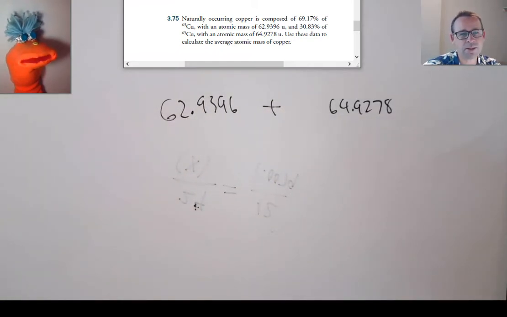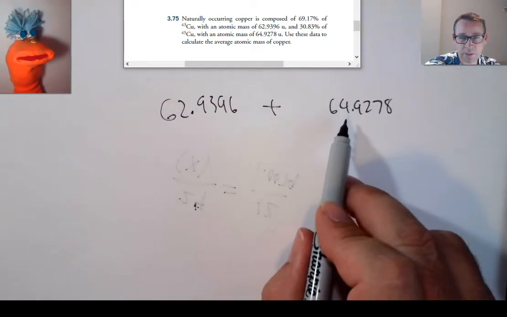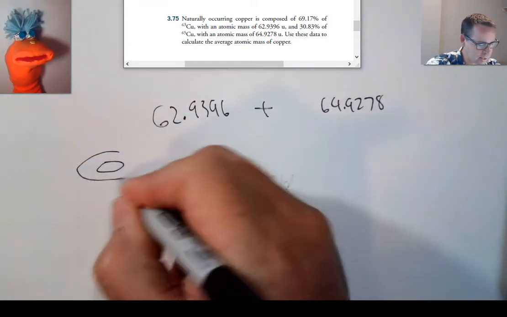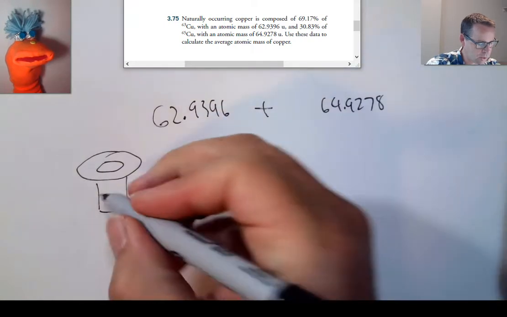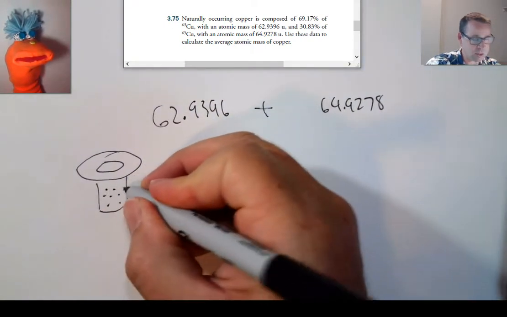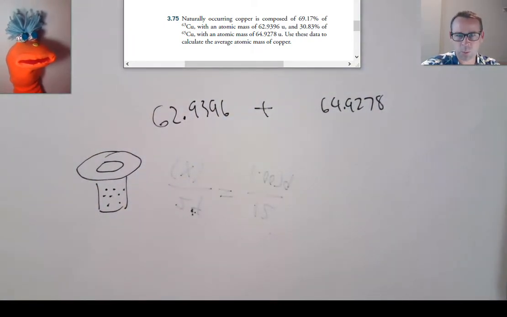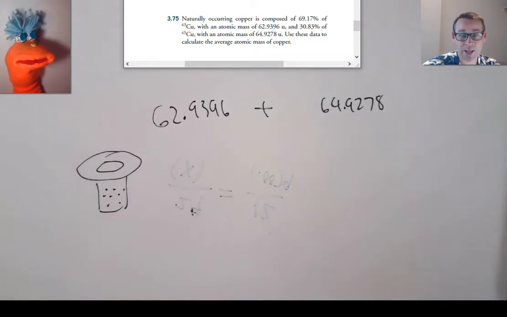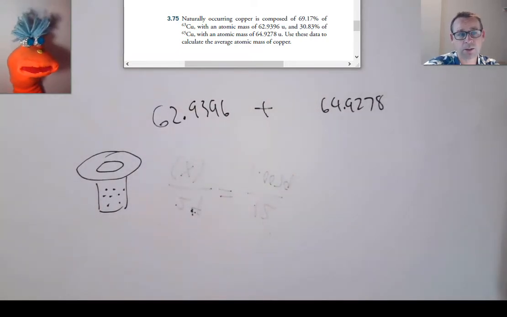But it doesn't say that our material is half this and half that, right? So remember, this is like taking a hat full of our different kinds of copper atoms here. We're pulling them out one by one and measuring their mass because we want to find the average. We want to add them all up and then divide by however many we pulled out, right?